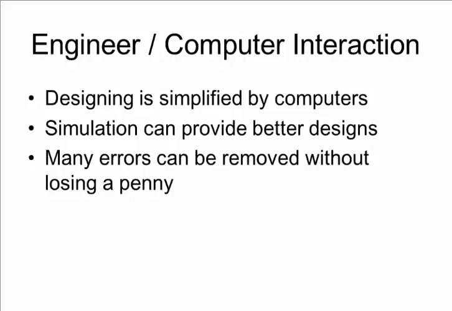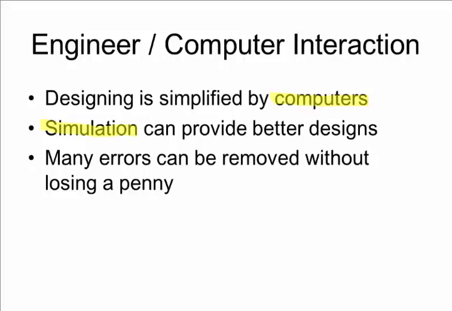Now engineers have tools nowadays that we didn't have 30, 40 years ago, and these tools are called computers. They are everywhere, they're mobile, they're in our pockets, on our desktops. They're pretty powerful nowadays. Computing power is cheap, and what we can do is simulate.